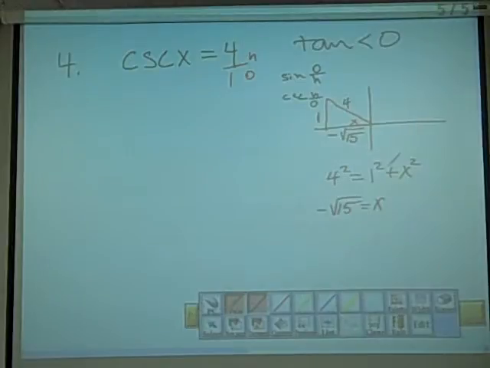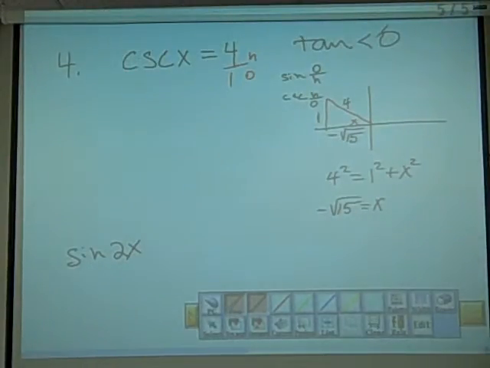Okay, so now we can go ahead and use our double angle identity. We can find sine 2x. So cosecant, this first part here, helps us to construct our triangle.